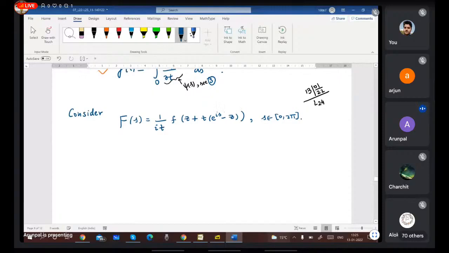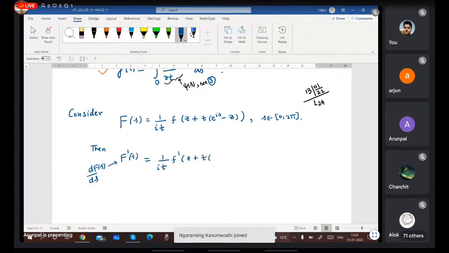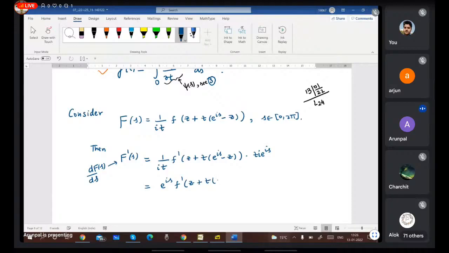Class, then it's an easy exercise to check that F dash s, simply the ordinary derivative of F with respect to s, where s is a real parameter here, will come out to be 1 upon i t, f dash of z plus t e to the power i s minus z, times t i e to the power i s. If you further simplify it, it will be e to the power i s f dash of z plus t e to the power i s minus z.